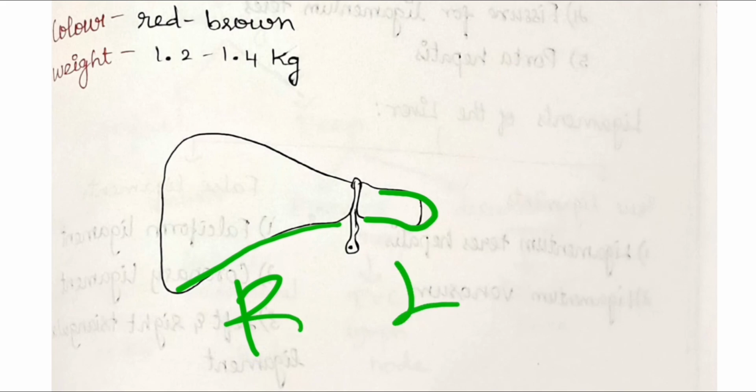The right lobe is somewhat bigger than the left lobe, whereas in the physiological lobe, the right and left lobes are presented equally, which divides the liver into 2 equal halves, that is the physiological lobe.